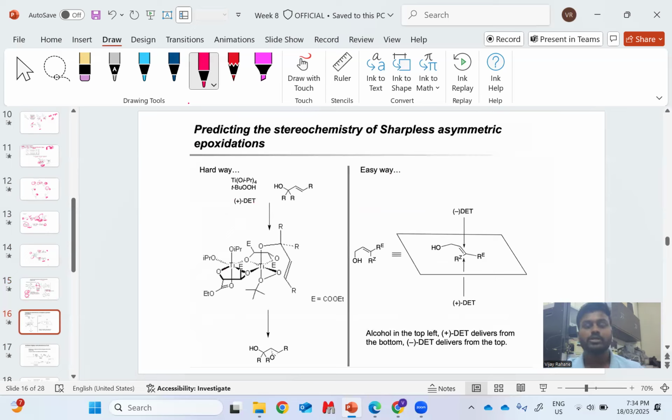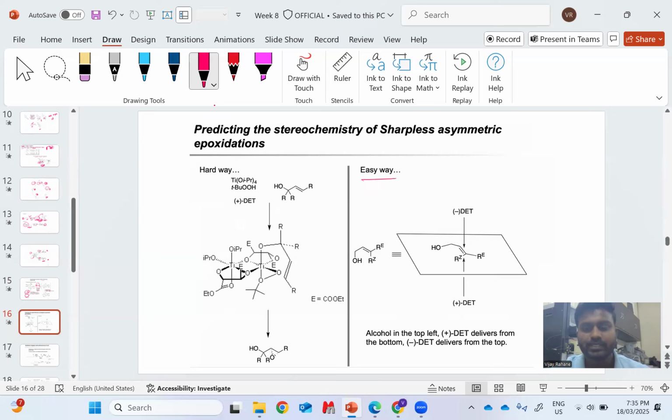So, how to keep this in an easy way? Many times, let's take the example theoretically, if someone wants to give the answer just by looking at the structure. By considering this entire intermediate step, this kind of active catalyst and this entire transition state, it is difficult to give the product.